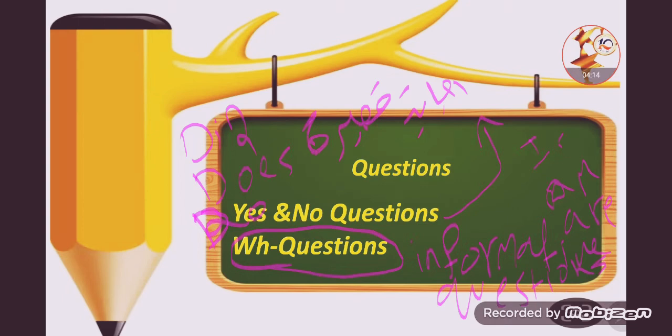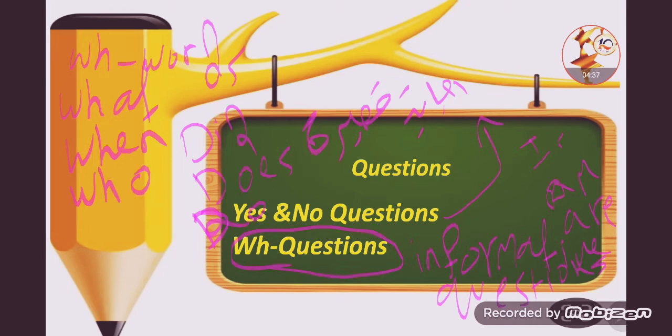The WH question requires a long answer. (Arabic: So what does the WH question require from me? It requires a long answer.) They usually start with the WH words. (Arabic: Usually it starts with WH words such as) what, when, and all these things we talked about before: who, what, when, where, etc.